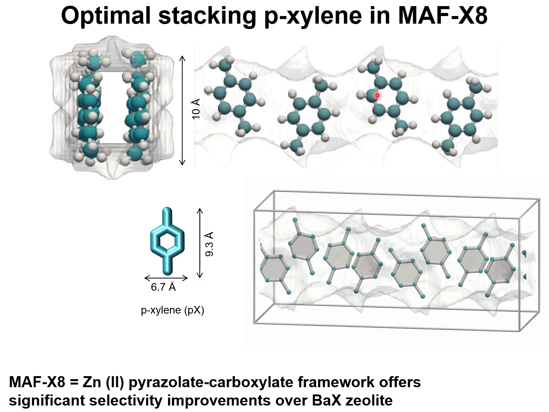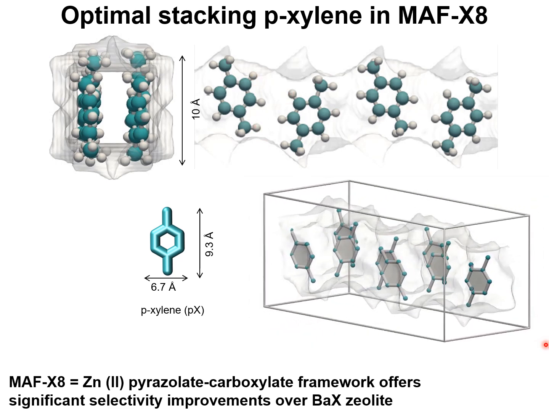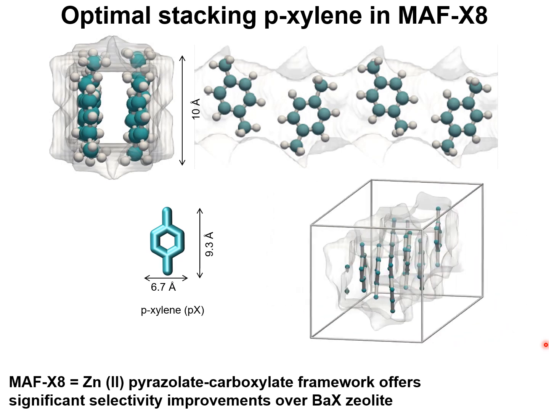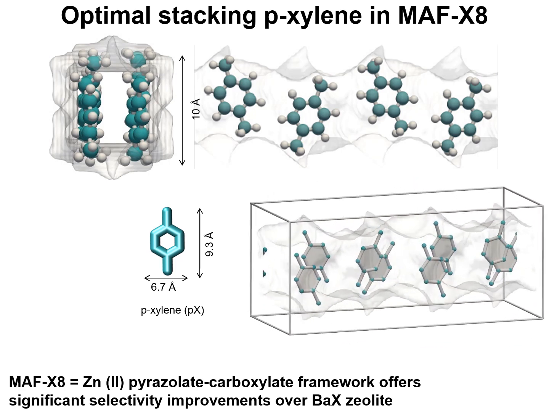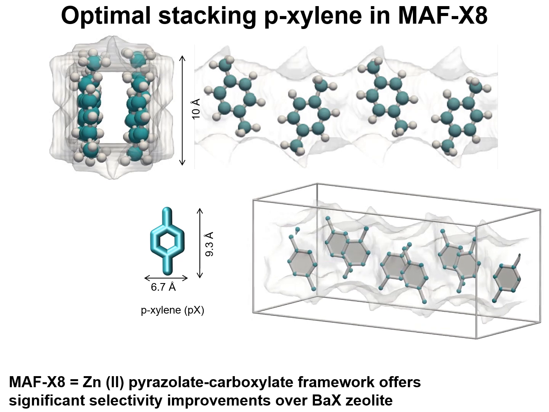One such candidate is the MOF MAF-X8 that has 10 angstrom channels, and the computational snapshots show that the para-xylene molecules can stack face to face in a vertical manner, and this is also evident in this movie animation.